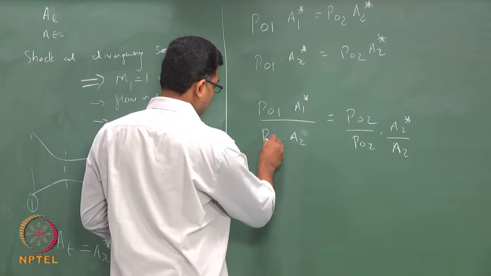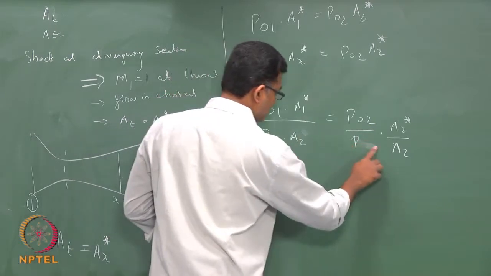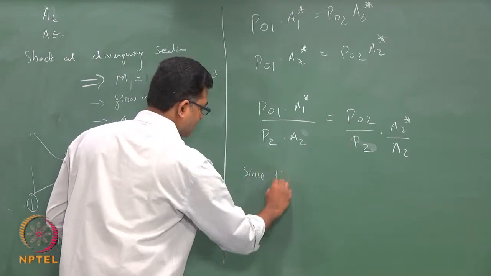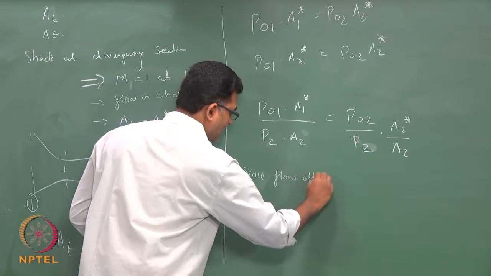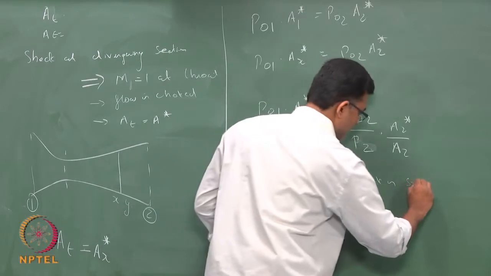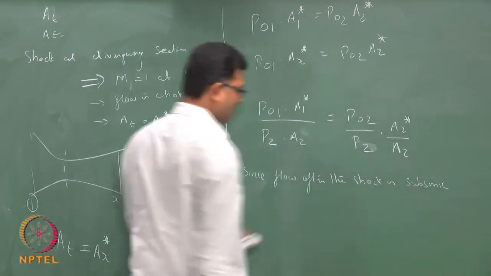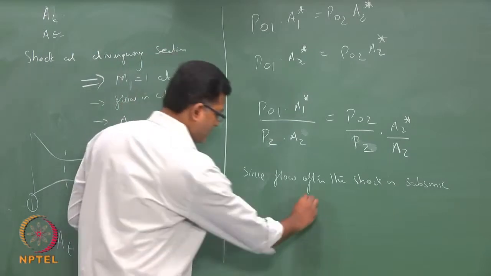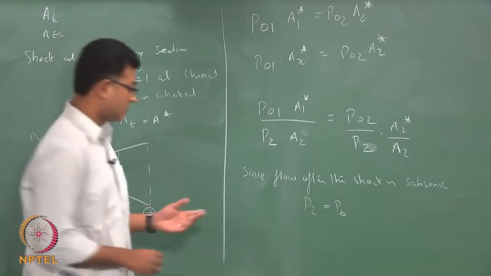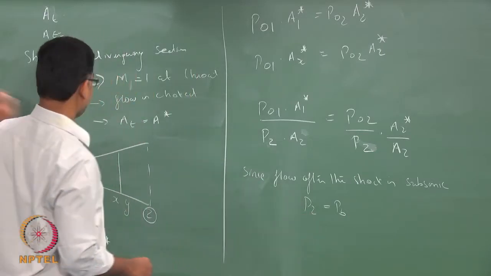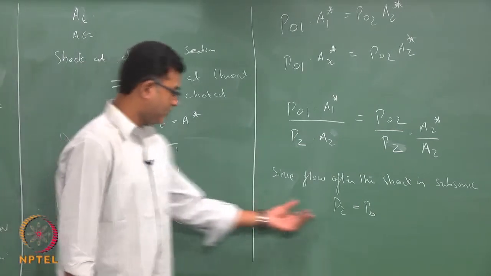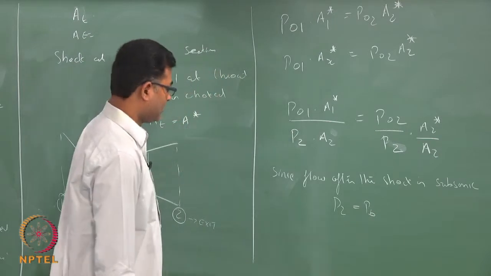Since the flow after the shock is subsonic and isentropic, my P2 is equal to PB, which is also my exit. 2 is my exit. So, P2 is my PB.